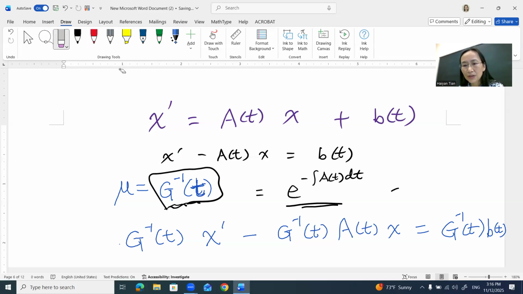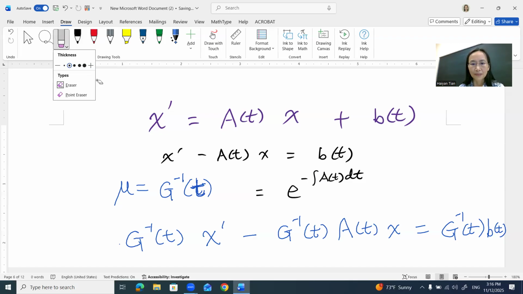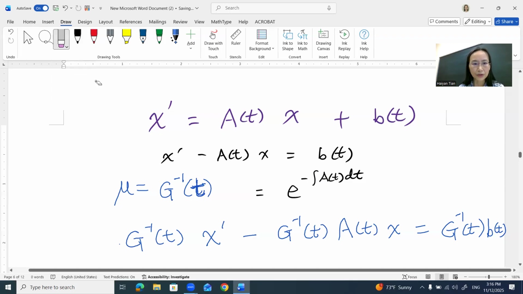So now we see that the notation is not by chance. For a single equation, if we can do this, we can actually treat the system in a similar way.